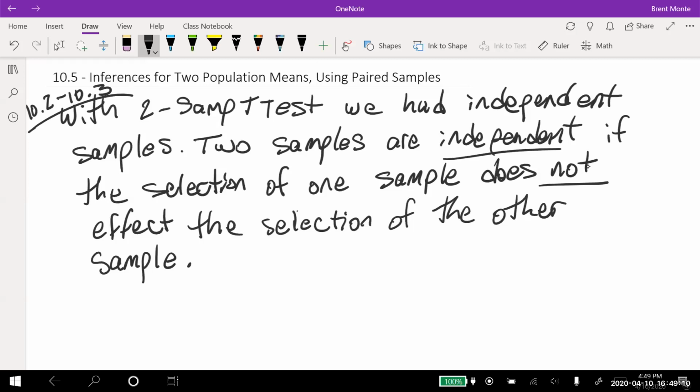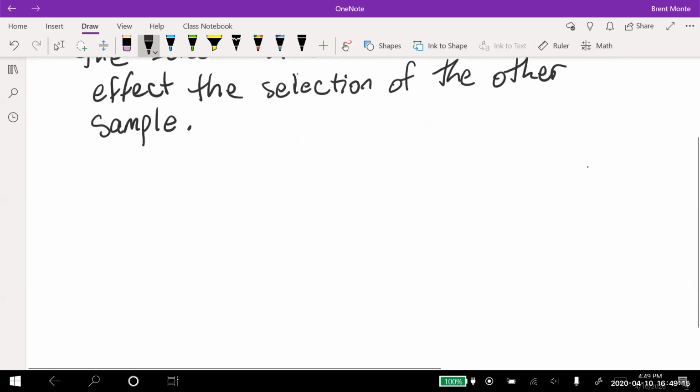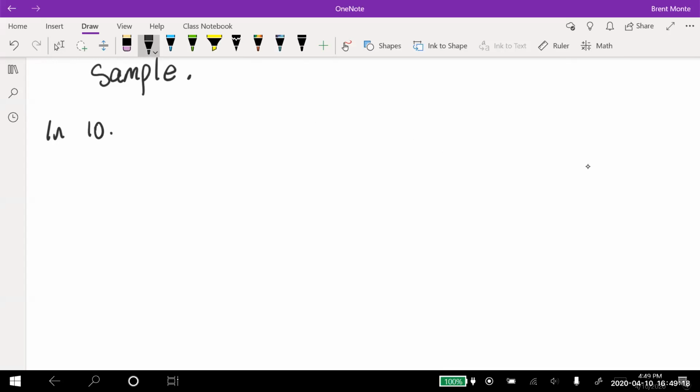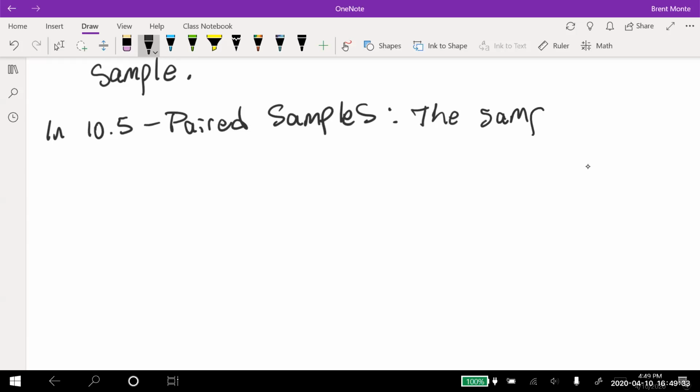In 10.5, now we're using paired samples. What that means is the samples are related to each other.